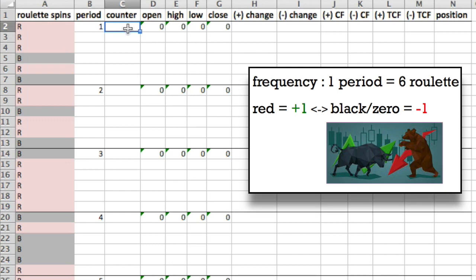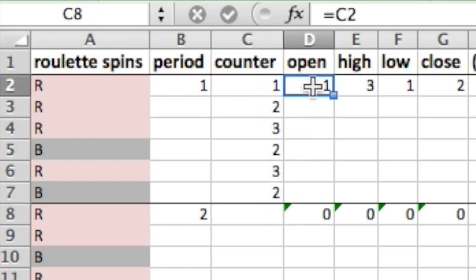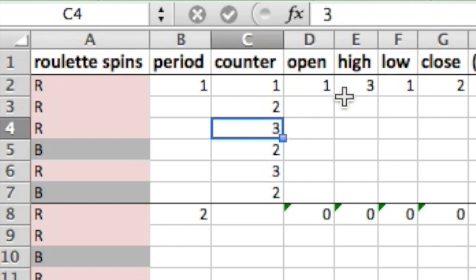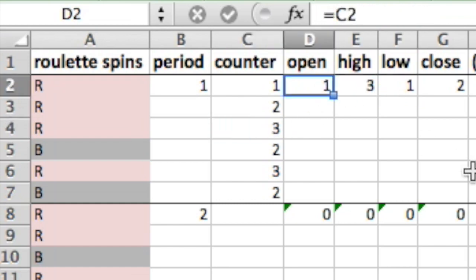And so we get 1, 2, 3. It goes back to 2 and -1, +1. So 3, -1, 2. So we open with 1 and close with 2. 1 is the lowest low, the highest high was 3.